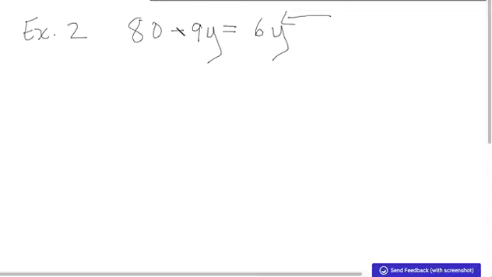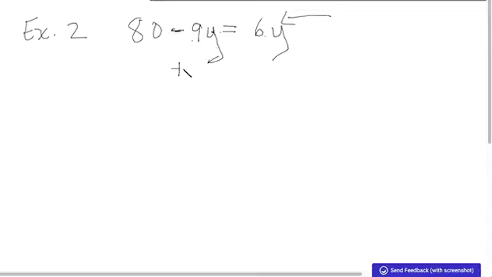So even if this were a plus and this was larger, you might still want to pick on this term anyway. As it turns out, it is the little guy here because it's negative 9, that's positive 6, and that works out. But if for some reason that was even larger than the other side, you might still want to pick on that and move it, because then it's just one move of moving a variable over. Otherwise if you move the 6y in the other direction, then you'd still have to move the 80, and that's 2 steps. So some of this has to do with efficiency and what makes sense.